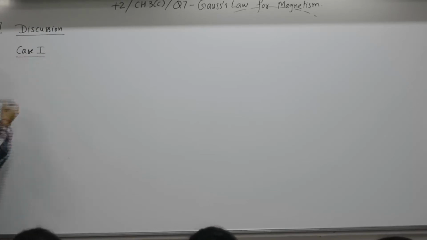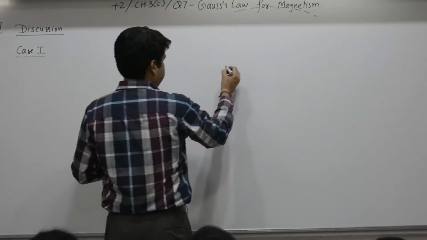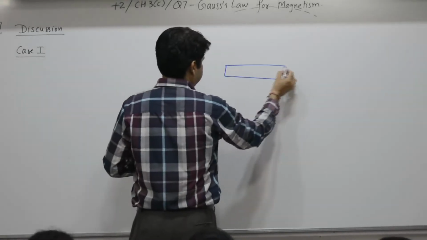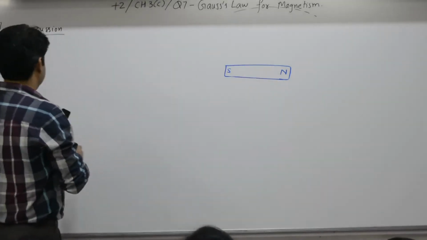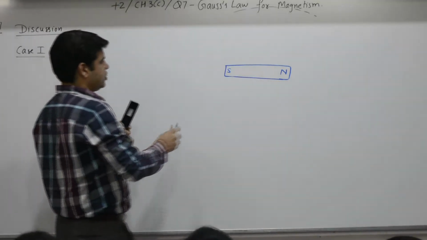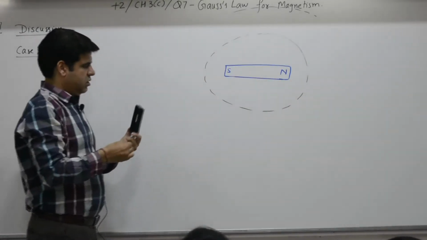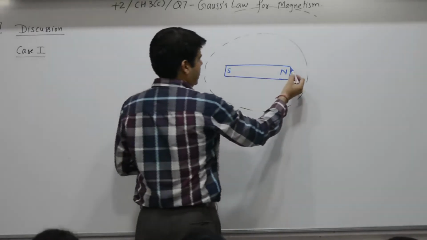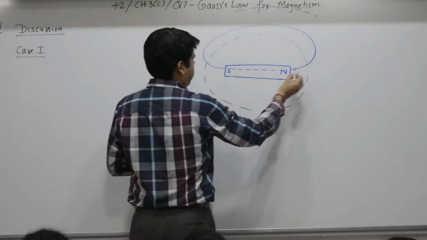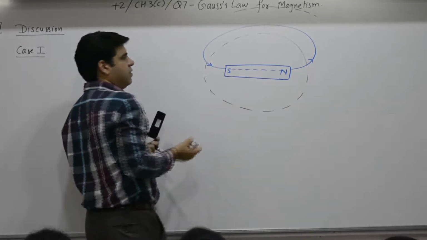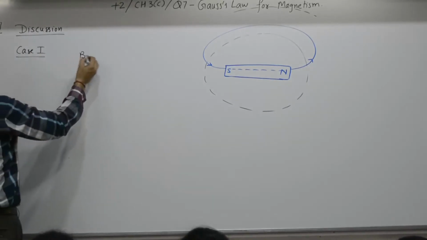Case 1: a magnet is totally enclosed inside the Gaussian surface. In this case, the number of lines leaving is equal to the number of lines entering. So for this case, it is true.